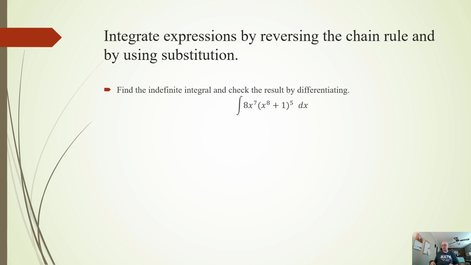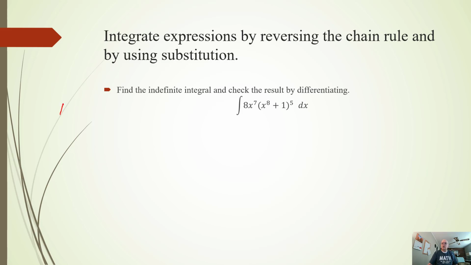And we're just going to go through this and use example after example, and you'll see how integration by substitution works. So here's our first example, and you can see that on the screen there. And we're going to integrate that.